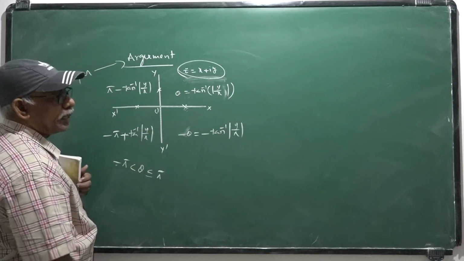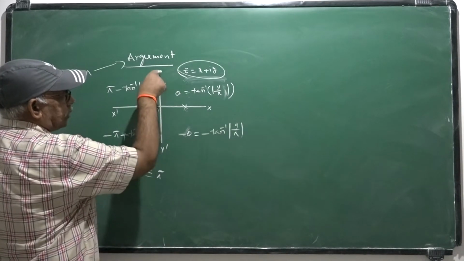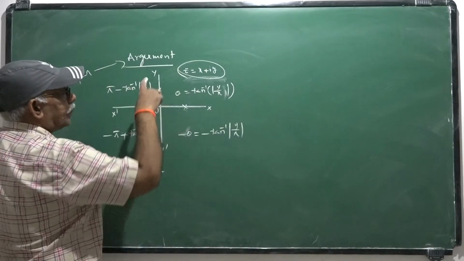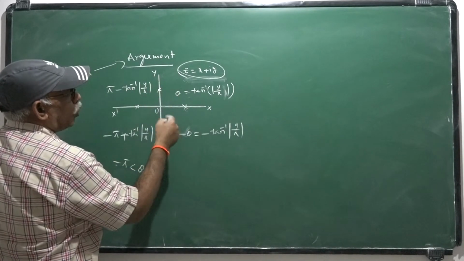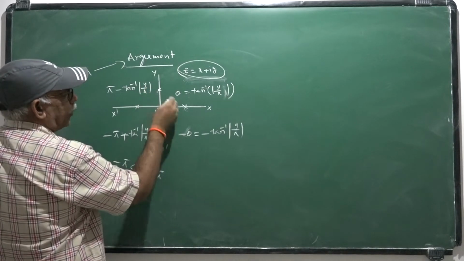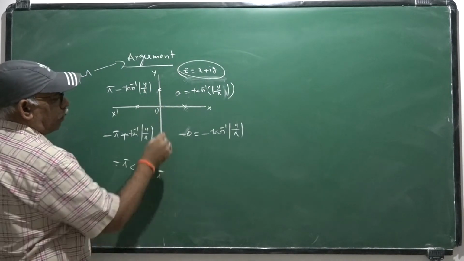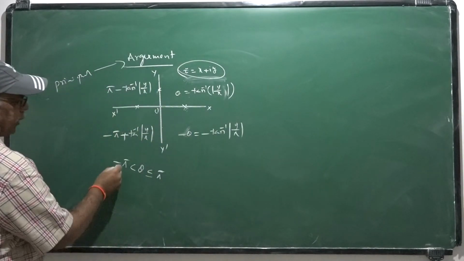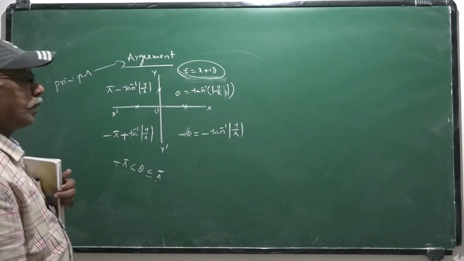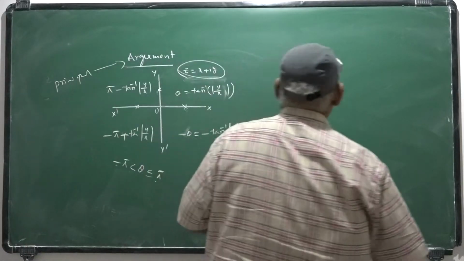If the complex number is purely imaginary, on the positive imaginary axis, then the principal argument is pi by 2. Once it lies on the negative imaginary axis, the principal argument is minus pi by 2, because the principal argument always lies between minus pi and pi.